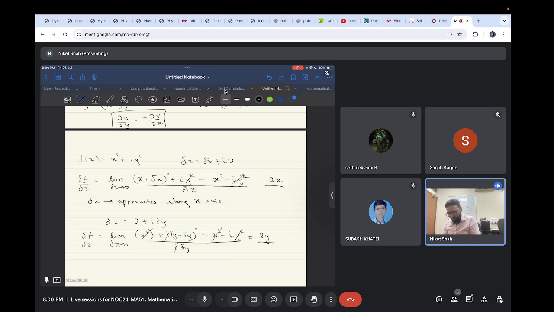There is 2x and there is 2y. So clearly the derivative is different if I approach the point from x direction, if I approach the point from y direction, from the imaginary side. So clearly it is different. But the question is whether the derivative exists for any one point. So what I want is this to be equal to this for any one point.